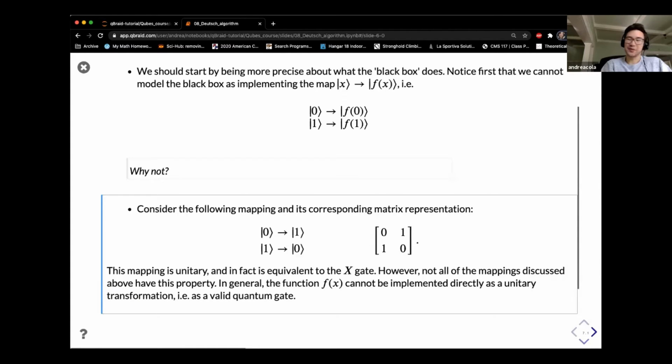So any quantum gate, and don't worry if this was not clear to you, this is not something that we really emphasized in the course previously. But a consequence of being a matrix that maps vectors with norm 1 to vectors with norm 1 is that you have to be reversible. So there has to be another unitary that undoes the effect of the original unitary.